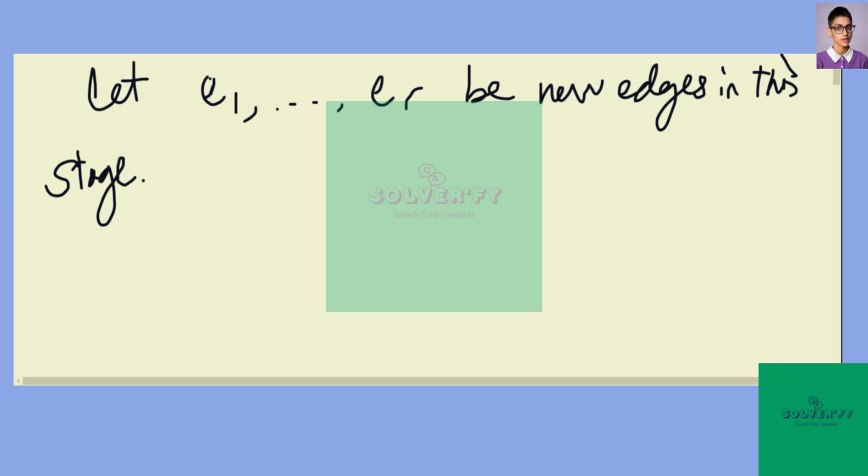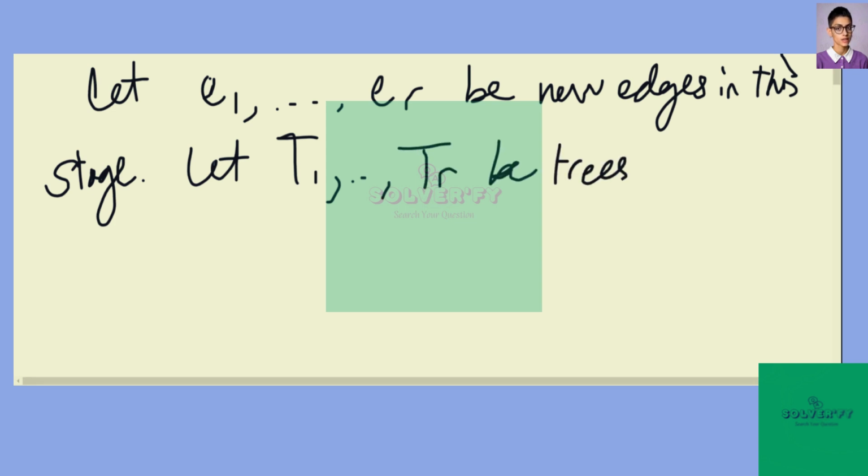Recall that in Sollin's algorithm we order the vertices, which also produces a lexicographic ordering of the edges. And then we add the edges incident to every vertex with the least weight. And in the case of a tie, we're using the first edge in the ordering. And let the trees in the previous stage be T1 through TR.